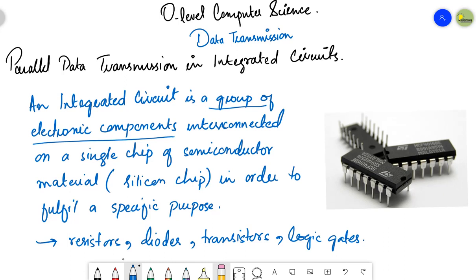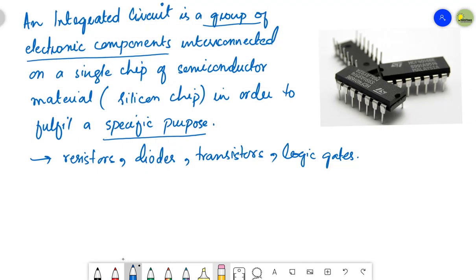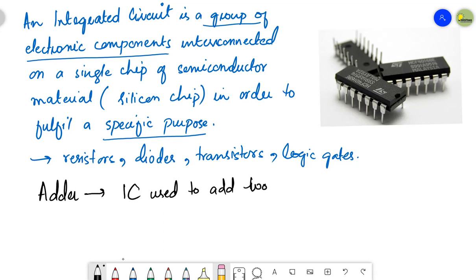Why have I written that specific reason? Because let's talk about an example. I have an integrated circuit. Let's take the example of an adder. Adder is a type of integrated circuit that is used to add two numbers.